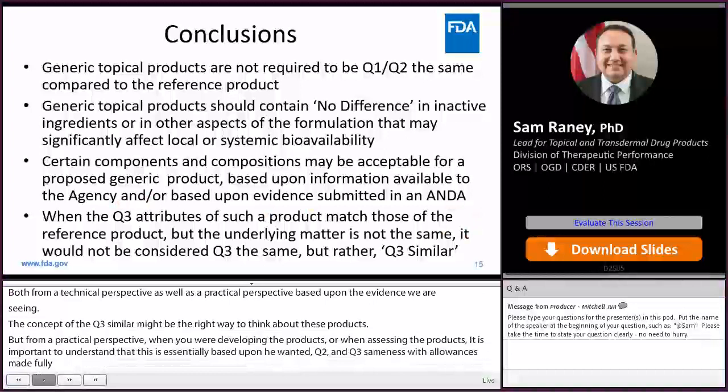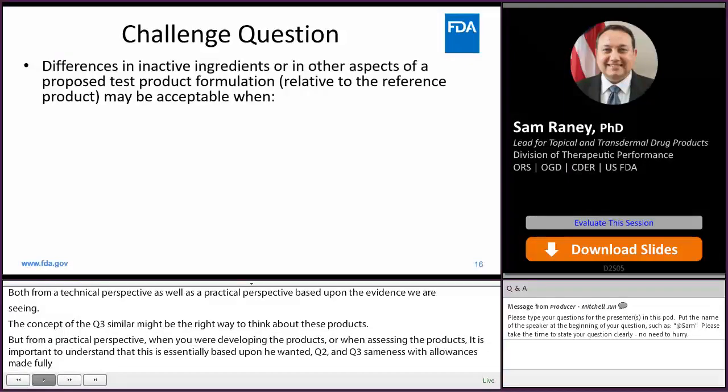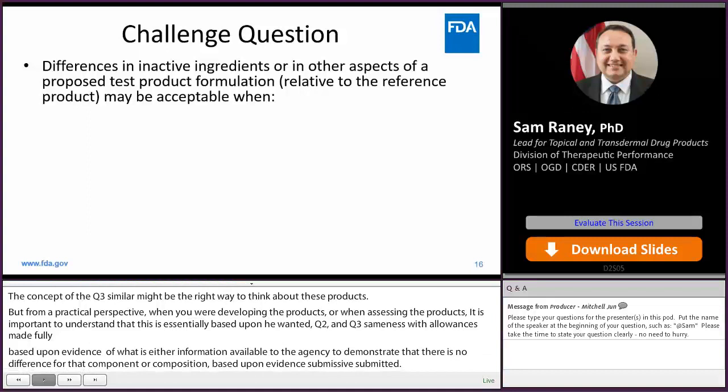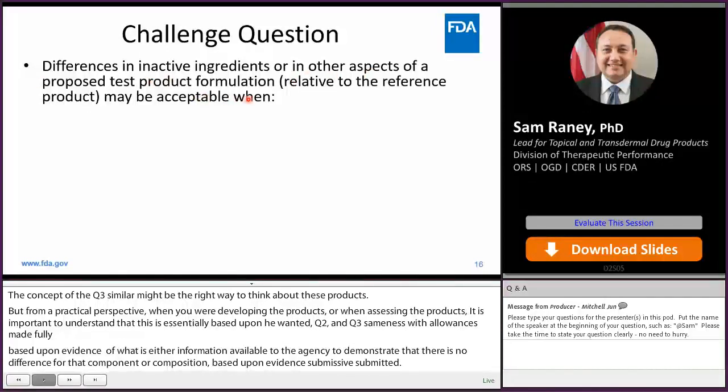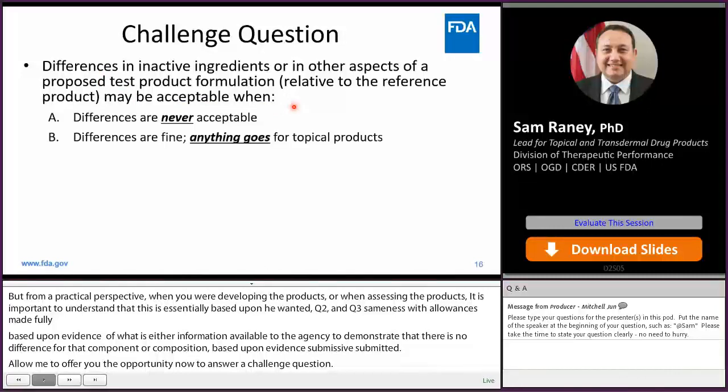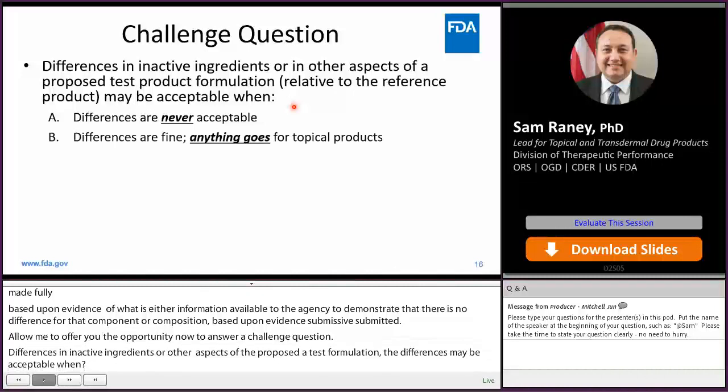So allow me to offer you the opportunity now to answer a challenge question. Differences in inactive ingredients or in other aspects of a proposed test product formulation relative to the reference products, these differences may be acceptable when? Is it that differences are never acceptable under any circumstances? Or is it that differences are fine, anything goes for topical products?